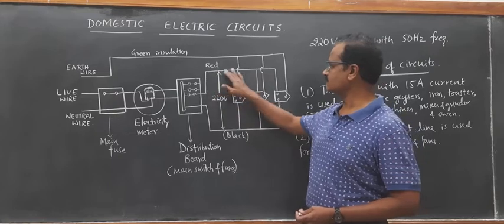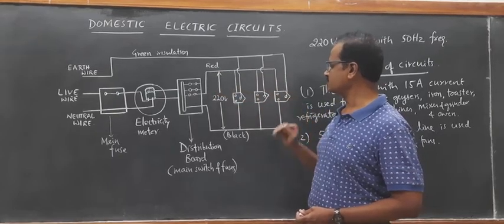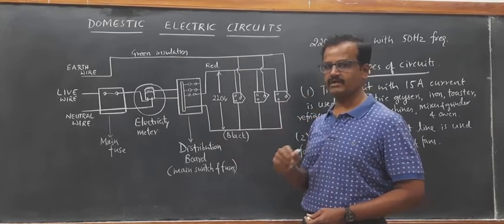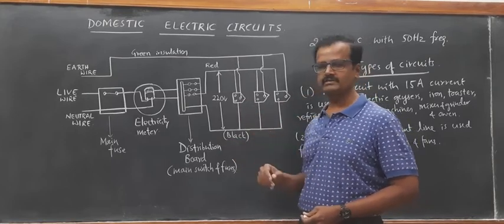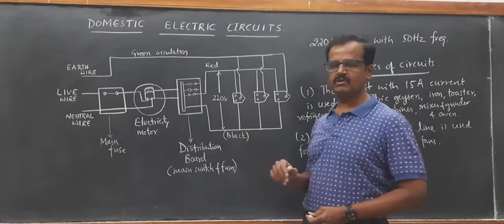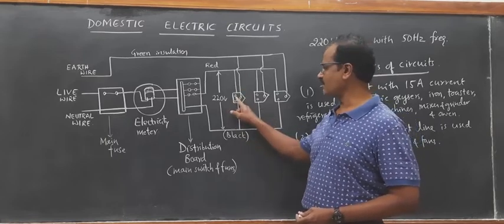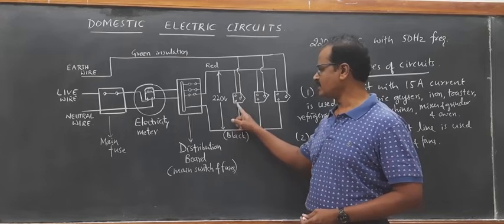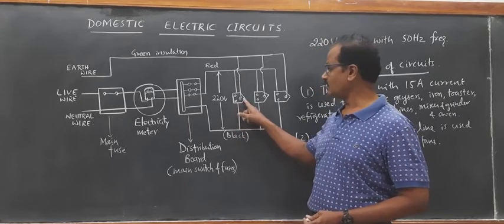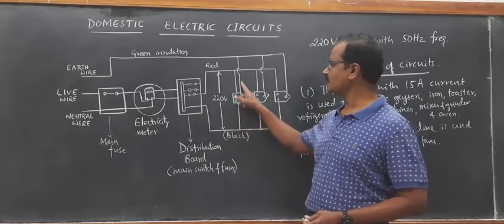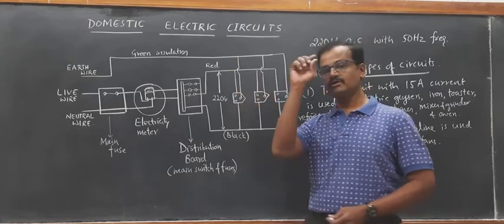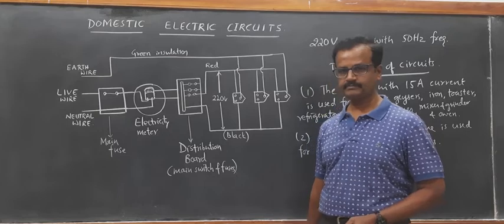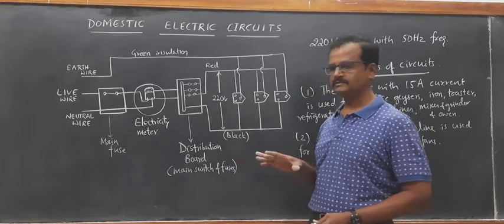So this is the red insulated wire, the live wire, connected to the 3-pin socket. You must have seen a 3-pin socket. One has the live wire connection, that is red. Another is the black wire connection, that is neutral. And one more, very important, is the green wire connection on the top, that is called the earth wire. All three will be there.